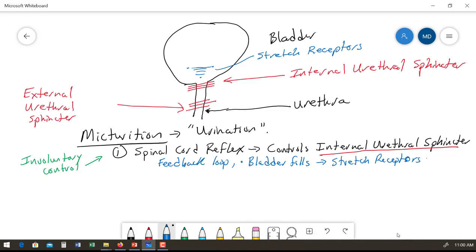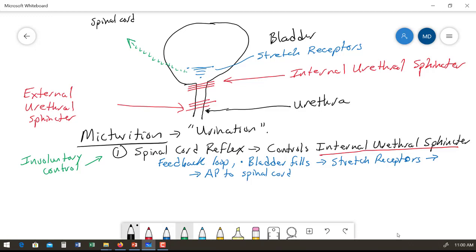These stretch receptors are then going to send signals, or action potentials, to the spinal cord. So we have action potentials coming out of here when it gets full, and these signals come out to the spinal cord.